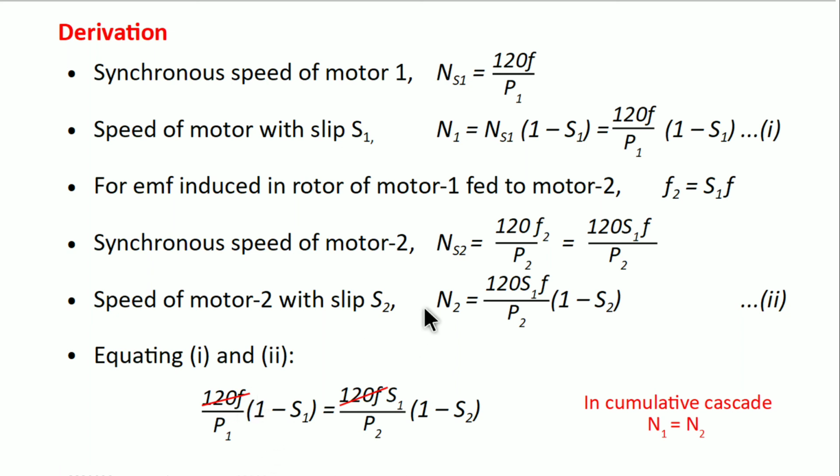So equating these two, 120 F over P1 into 1 minus S1 equals 120 S1 F over P2 into 1 minus S2. 120 F will cancel out. Let us see what is left. So in cumulative cascade, N1 is equal to N2, both the motors have the same speed in the same direction.